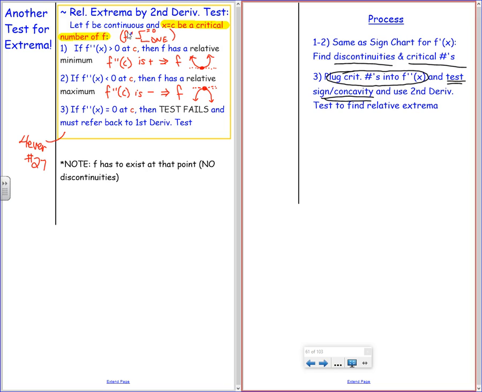Because no concavity, all bets are off. You only can say min if concave up, or max if concave down. At one point it's like that, but the graph is like that. I don't know what's going on before or after unless I do the sign chart.